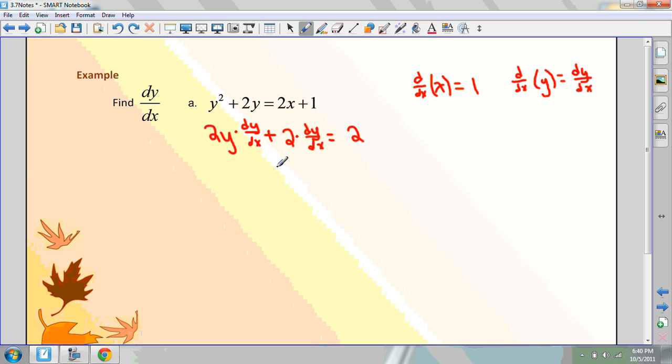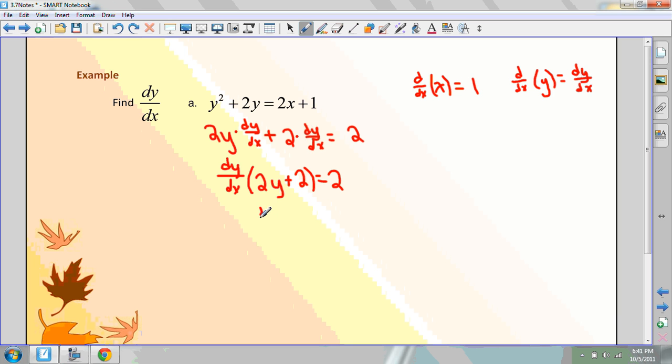Okay, so now all I need to do is solve for dy dx, and as you can see here, I have two of them. So therefore I want to factor out the dy dx. So you get dy dx times 2y plus 2. Of course I could have divided everything by 2 first, but we'll do this first. Equals 2. And then I divide everything by 2y plus 2.